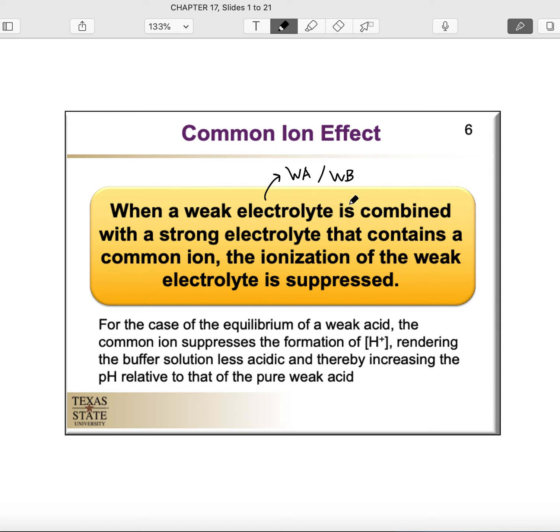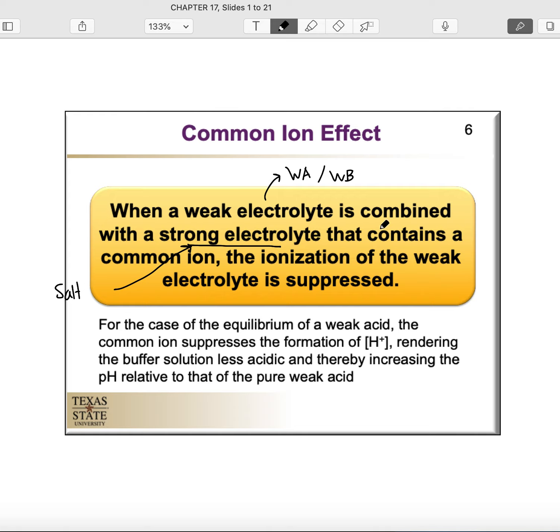And then that weak electrolyte, which is undergoing an equilibrium, is put together with a strong electrolyte, which could potentially be a salt, as in the example we just had.